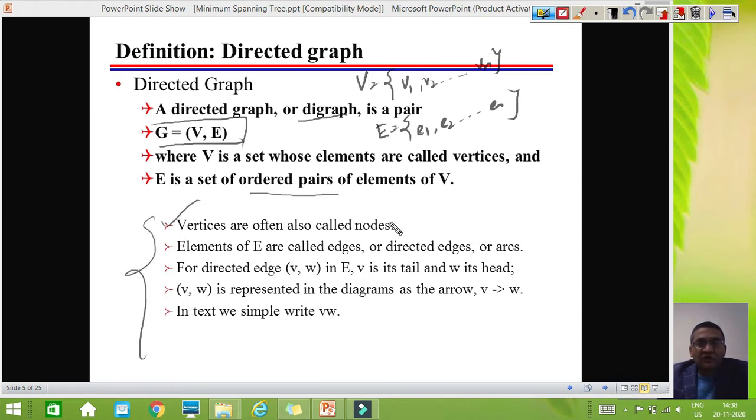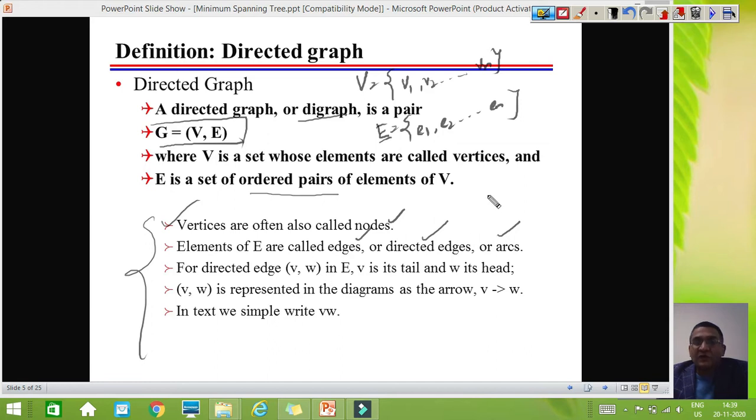Vertices are also called nodes. Elements of E are called edges. So we have a set E which consists of many elements, and we call these elements edges, or directed edges, or arcs. For a directed edge (V, W) in E, V is the tail and W is its head. Whenever we talk about a directed graph, the edges are associated with one order, one direction.